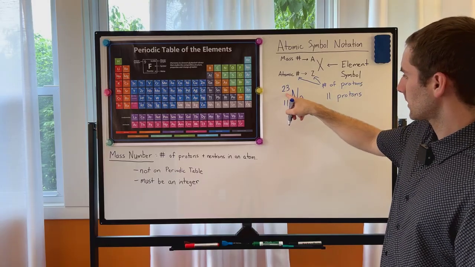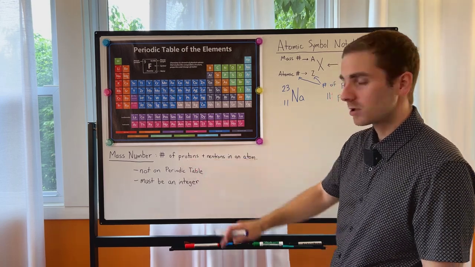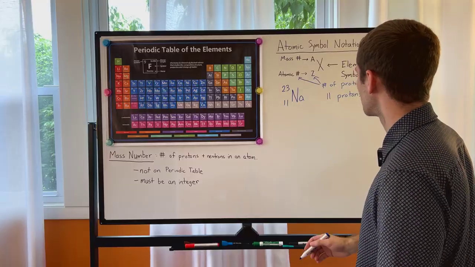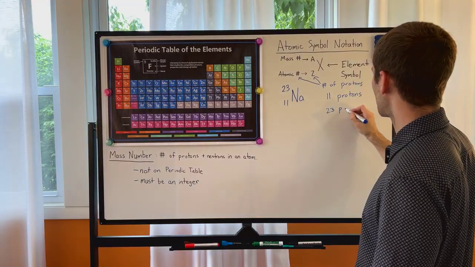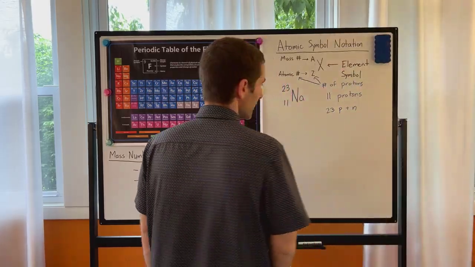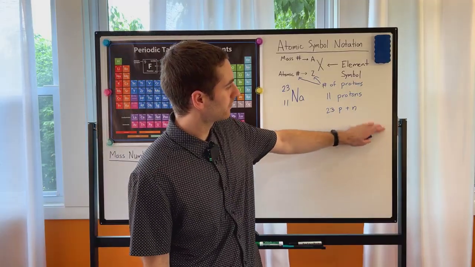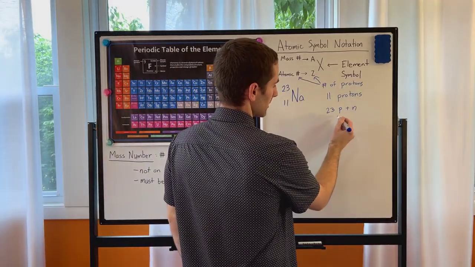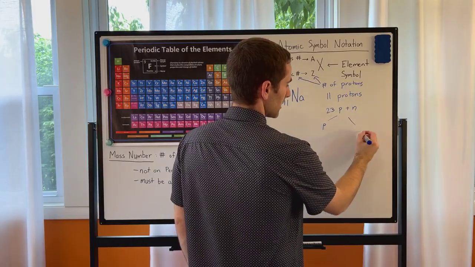And then it's telling us the mass number is 23. Well, that's the number of protons plus neutrons. Okay? Well, if we have 23 protons plus, I'm just going to write P plus N. We have 23 P plus N. And so we break that down into protons and neutrons.